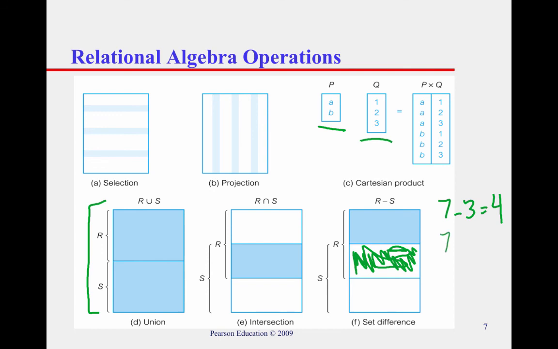If I have 7 elements in R and 3 of them overlap with S, in the end I only have 4 elements in R. So it's basically R minus the intersection of R and S.